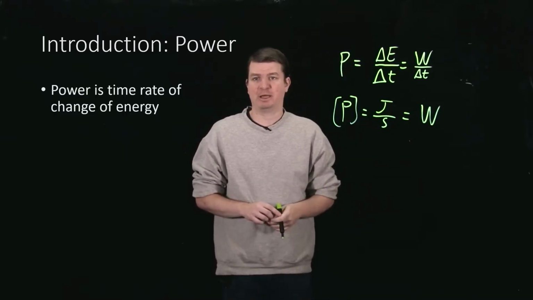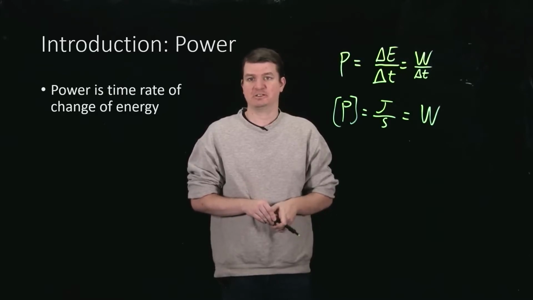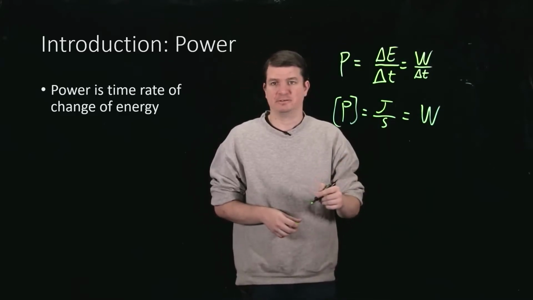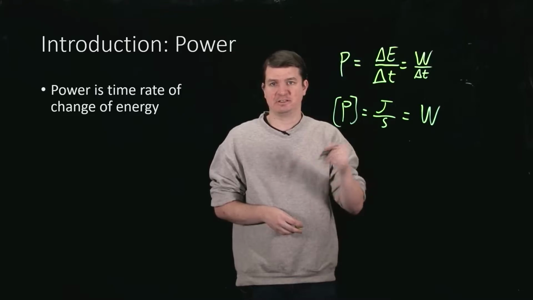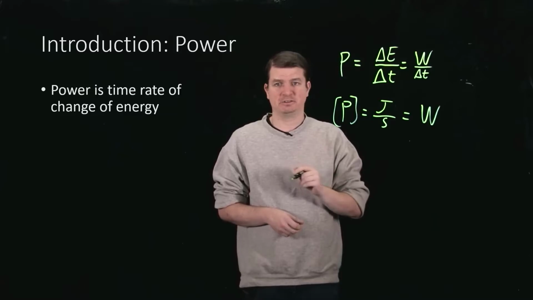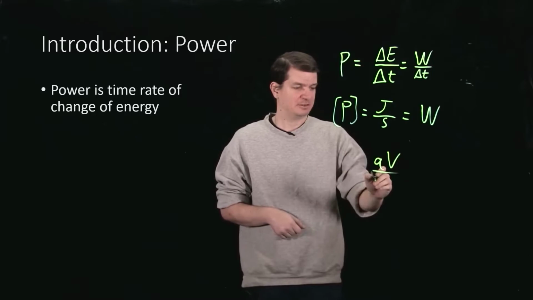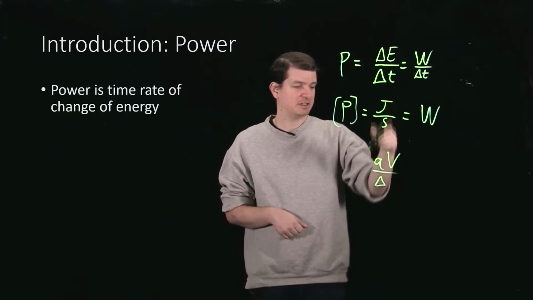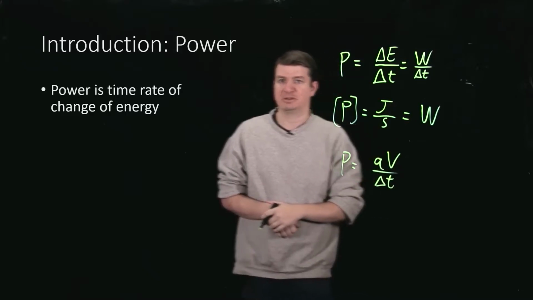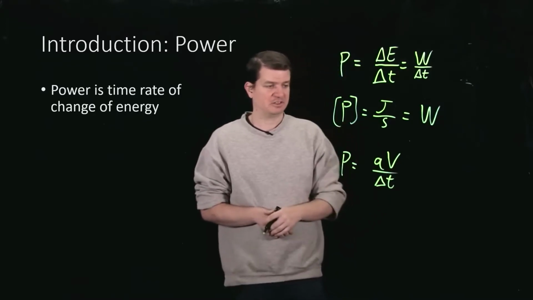All right, now that we've defined power, let's go ahead and consider the power that it takes to charge a capacitor. So, what is the work that we're doing, and what is the change in energy? Remember from the earlier video about the energy in a capacitor, for one individual little charge Q, it's just Q times V. And so if we're talking about the power being the change in energy divided by some time, then this is the power as we are charging a capacitor, which happens to be at V, and we're moving this charge Q across it.